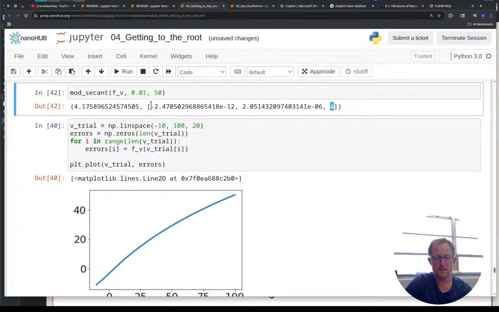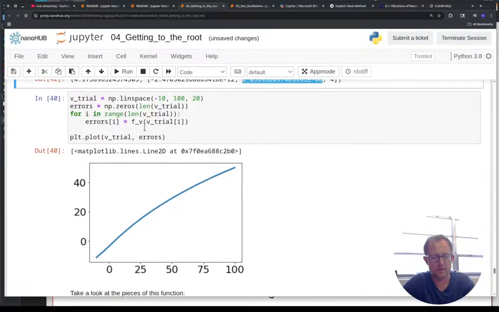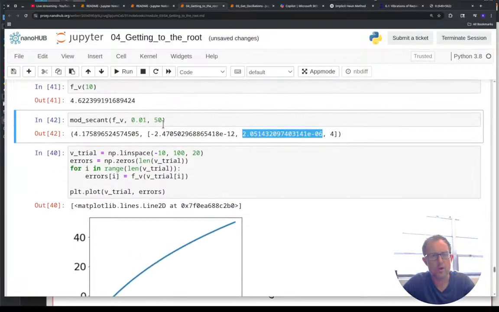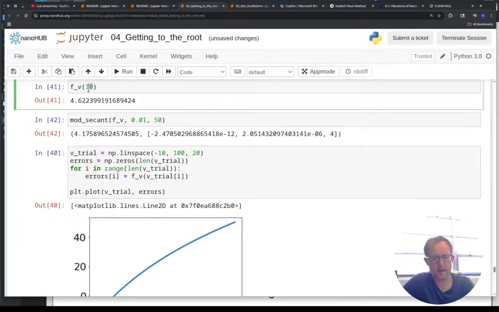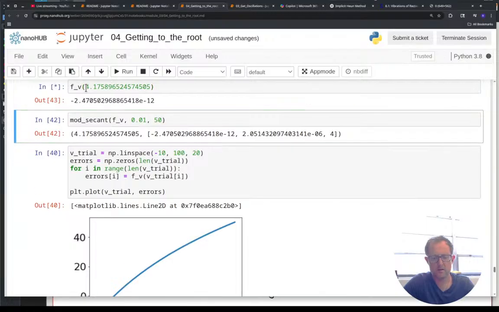This is the absolute error. So it was supposed to be 0, but instead it's negative 2.5. And then this is, or no, this is the function evaluation, like f of this one. So if I take this value and plug it in here, I get this.